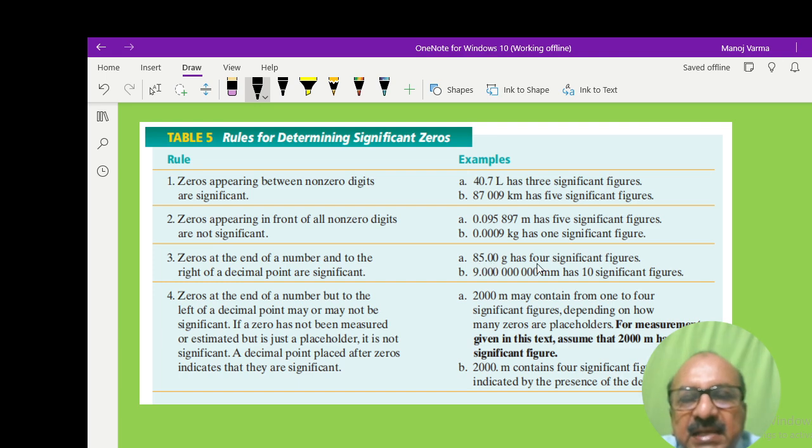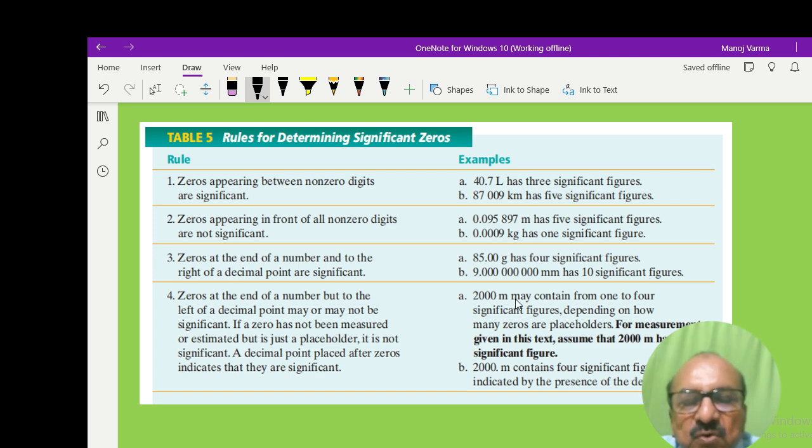That means this has four significant figures. Now look at this. There are 1, 2, 3, 4, 5, 6, 7, 8, 9, and all these zeros appear after a decimal point, and therefore all these zeros are significant. So including the 9, there are 10 significant figures.